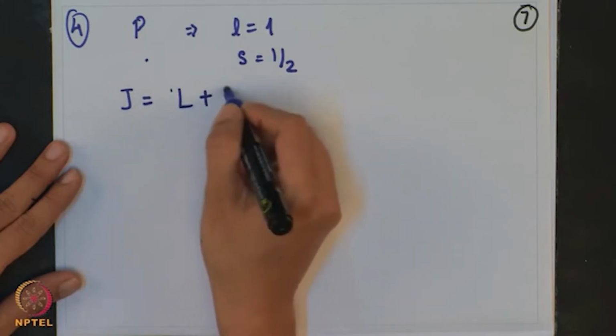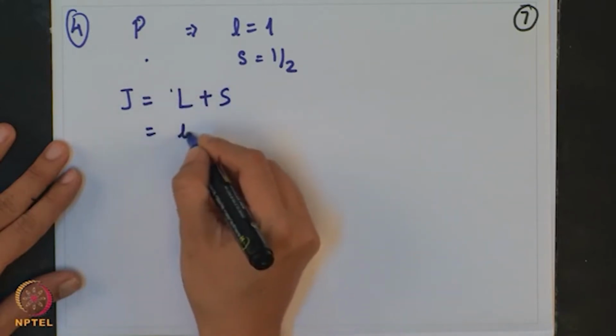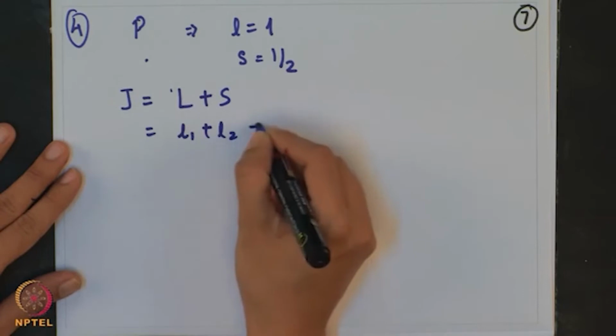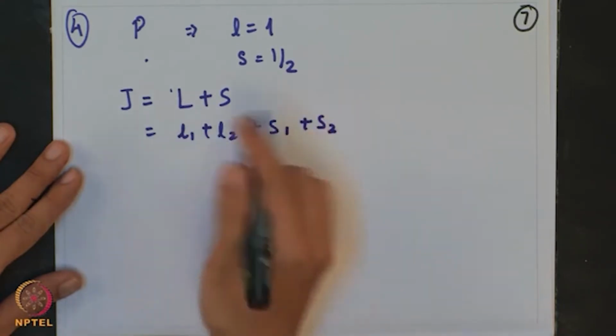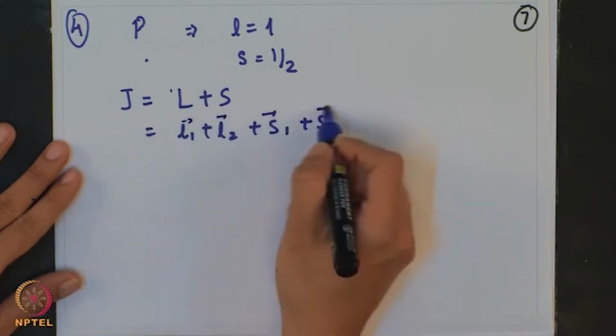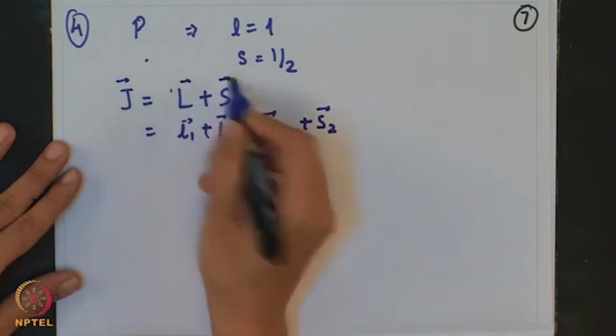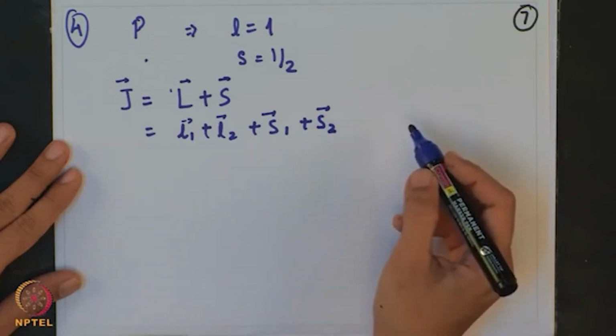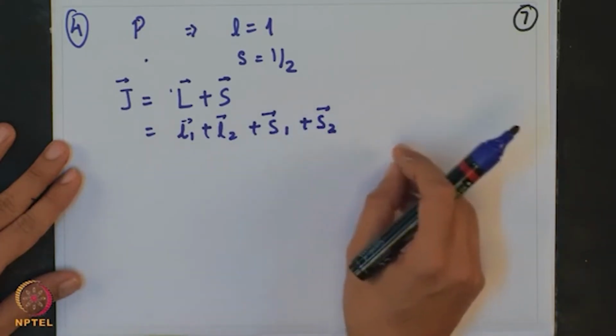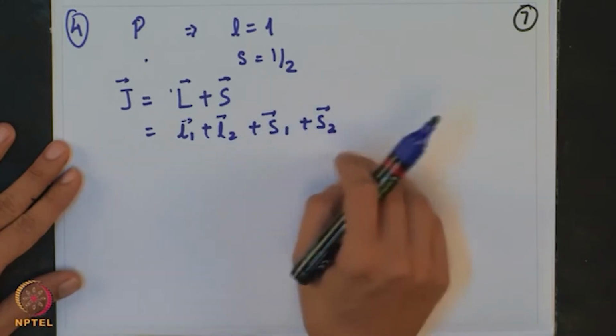So, L plus S, where L is L1 plus L2 and S is S1 plus S2. When I do this addition, J is this. Okay. For low values of Z, we can add L1 plus L2, S1 plus S2, and evaluate.